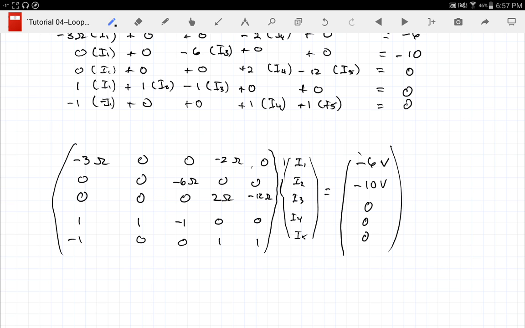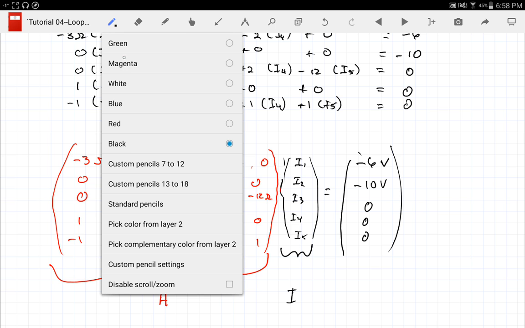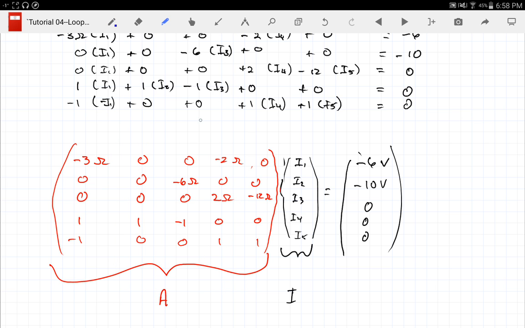Let us say that I call the first portion of this, which I am now going to color red, matrix A. And this column vector, I'm going to call vector I. Now, I don't know the numbers for I. And the third vector, I will color blue and call it B for blue.